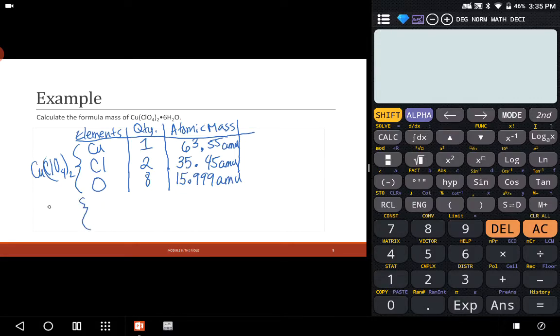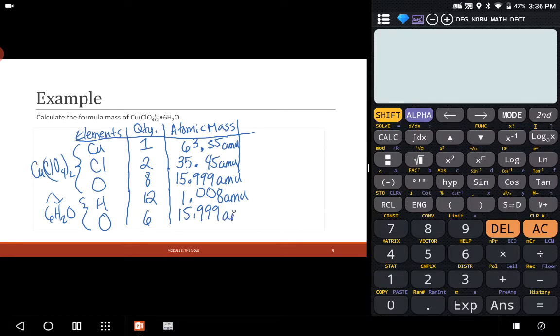And then from the 6 waters, that 6 distributes in, so that means I have 6 waters. Each water has 2 hydrogens, so that's a total of 12 hydrogens at 1.008 AMU. And then oxygen again, that's going to be 6 oxygens, and each oxygen is 15.999 AMU.